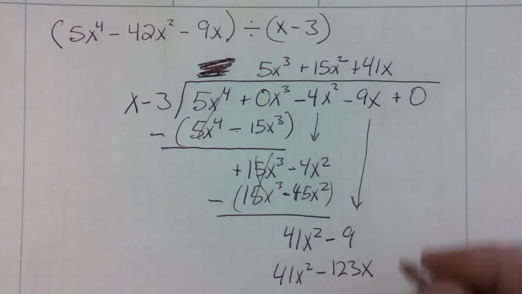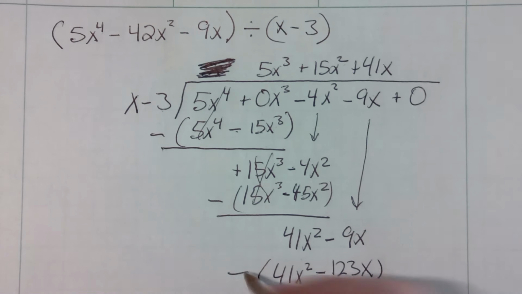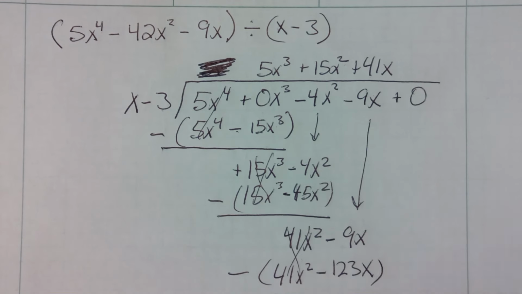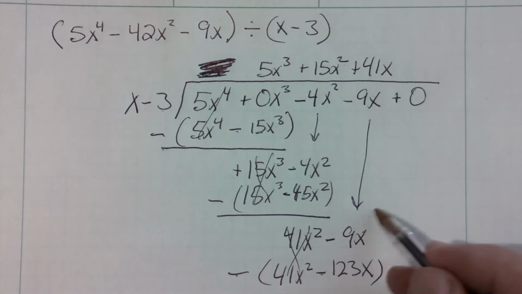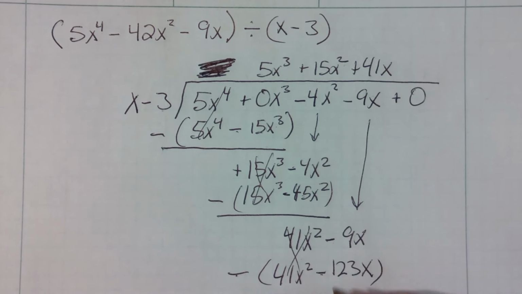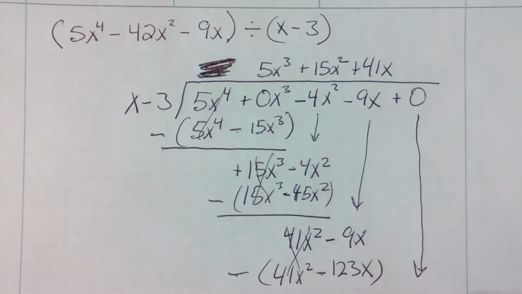Whoops, I forgot to bring the x down with the 9. Now I'm going to subtract. The first 2 cancel. Negative 9x minus a minus 123x. Well, that's going to add 123. So it's going to be 1, because it's 123 minus 9, 114x.